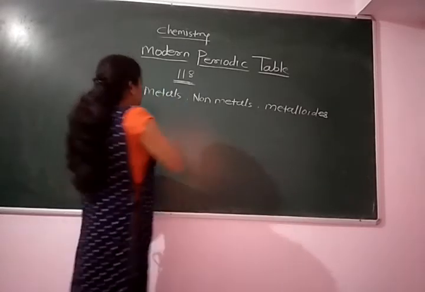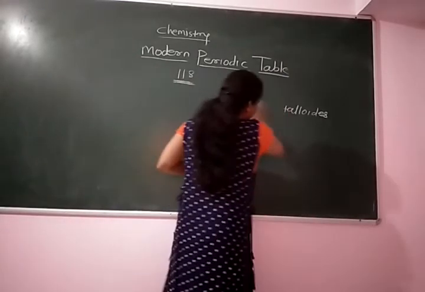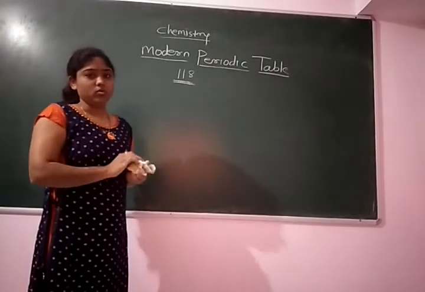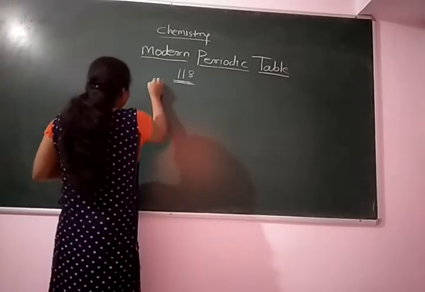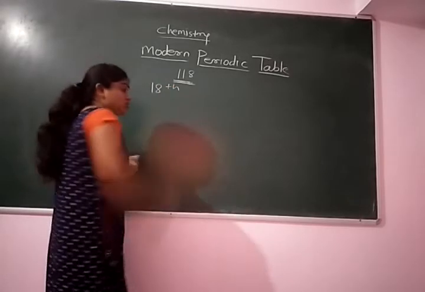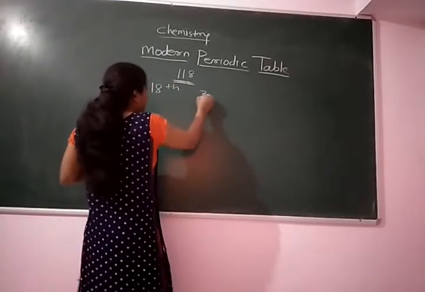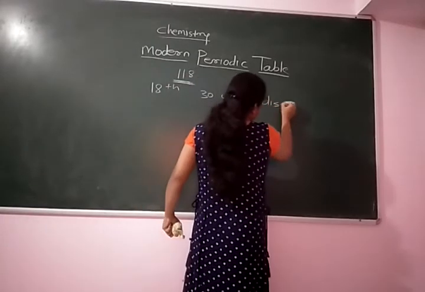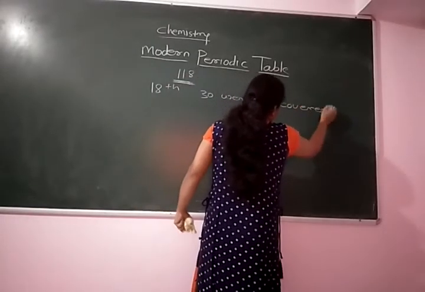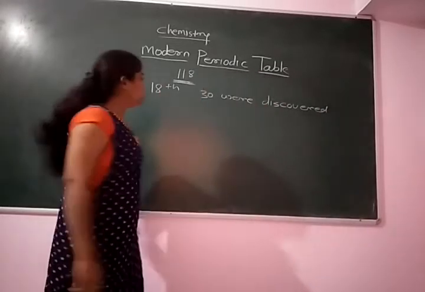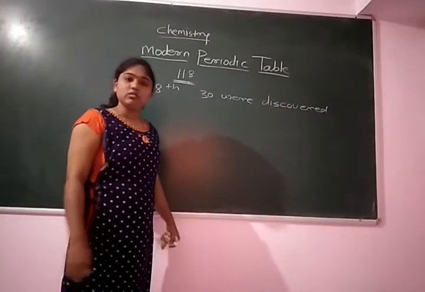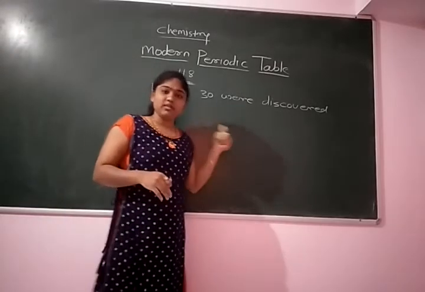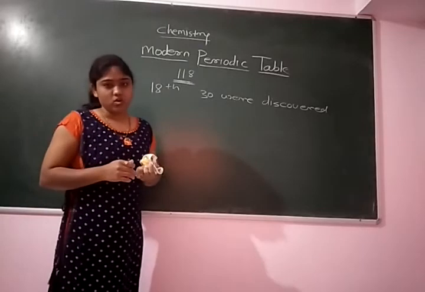These elements are classified systematically in the periodic table. In the 18th century, 30 elements were discovered and they were classified on the basis of their physical properties as metals, non-metals and metalloids.